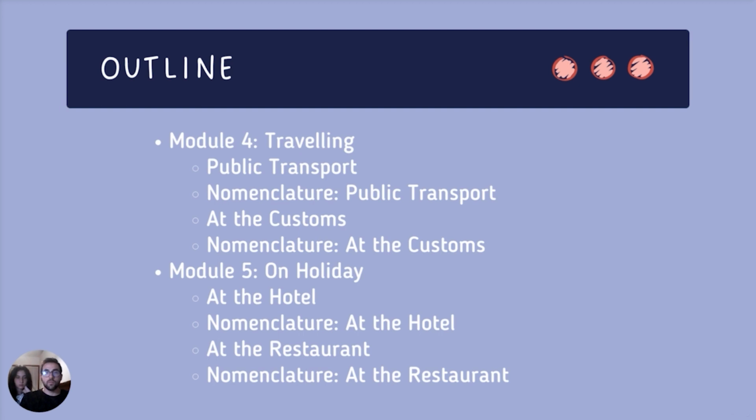Then we have the fourth module, which is about traveling. At this stage, we start with the dialogue-based and the nomenclature lectures. We start with public transport, then we have the nomenclature about public transport, then we have at the customs and the nomenclature too.